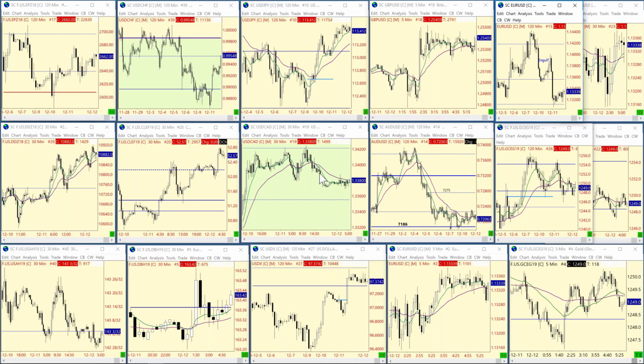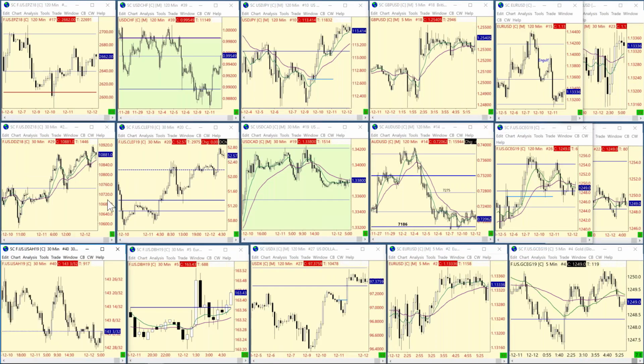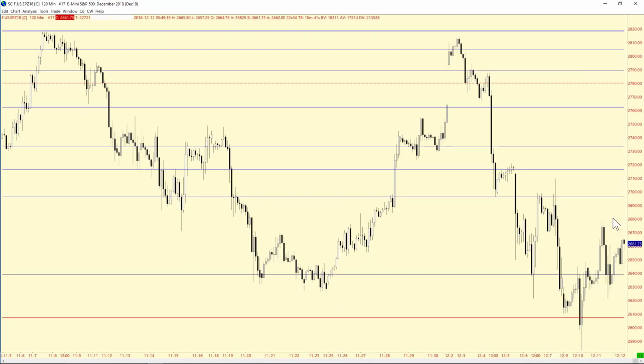On the 30-minute and the EMAs, we do have a sell signal, a little bit of momentum. Dollar yen continues to hang on around here. That may be helped in part with U.S. rates inching up a bit, and those are inching up a bit because we've had a decent rebound here in S&Ps.